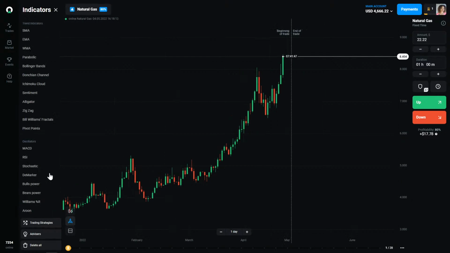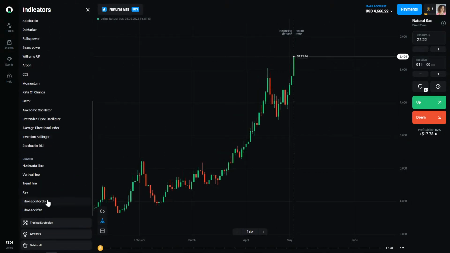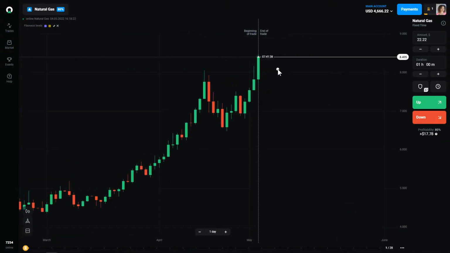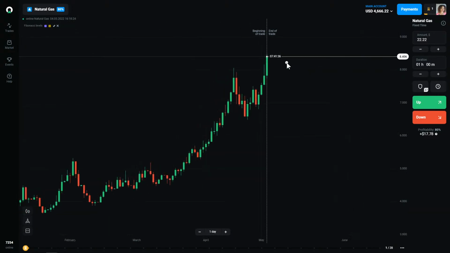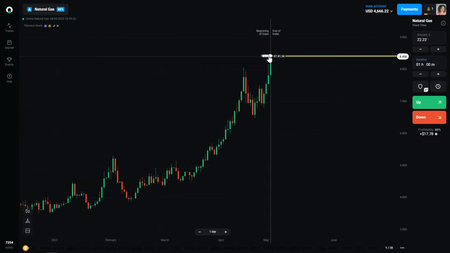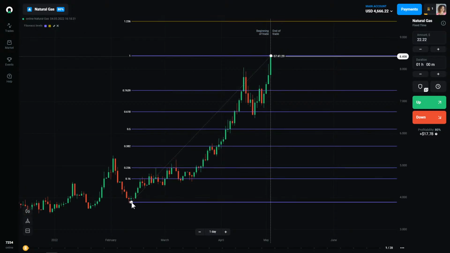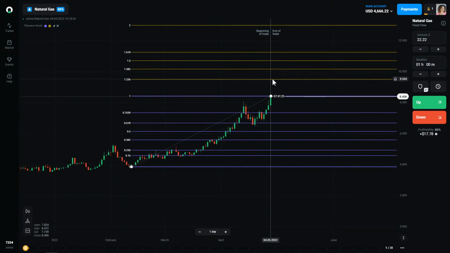Let me go ahead and show you how that's done. So once again, Fibonacci levels. It's just on the rise. So let's just take this high right here. We're going to drag it down to this low right here, where the uptrend started. And what you can see is potential future levels of resistance.